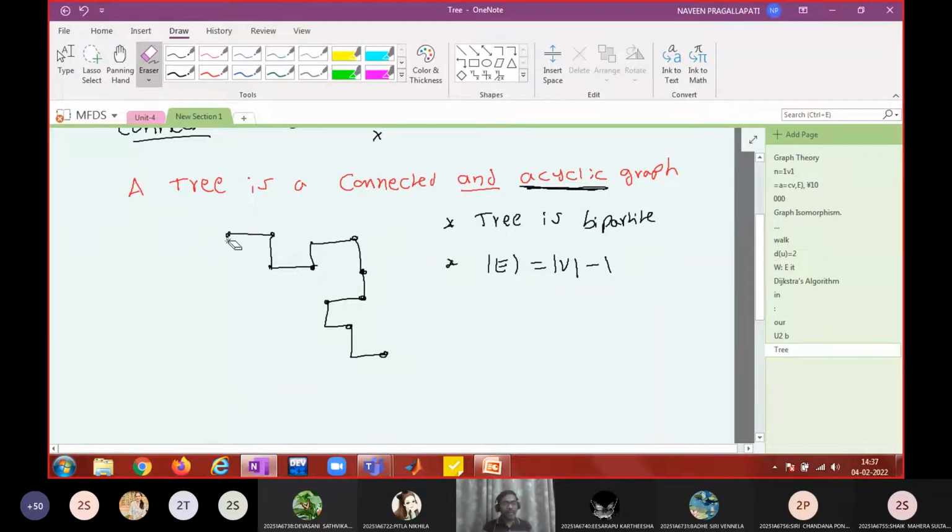Okay, so you can just partition whatever the tree you take. You take the node and you put the node which is adjacent to this node in the other vertex. Let us say this is first node, second node, third node, fourth node, fifth node, sixth node, seventh node, eighth node, ninth node, 10th node, 11th node. So what I can do, I will put one here. Where I will put two?